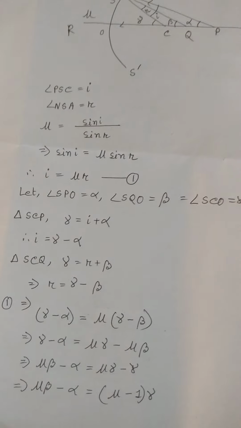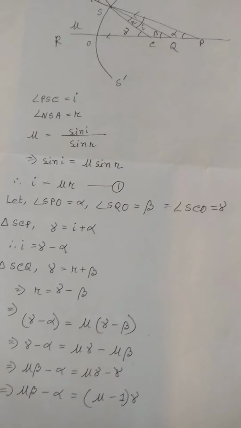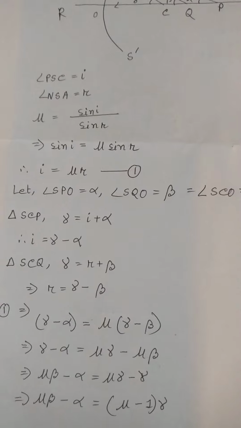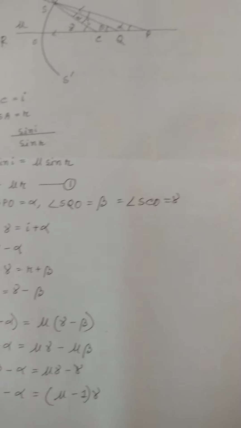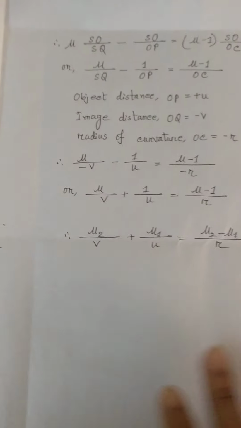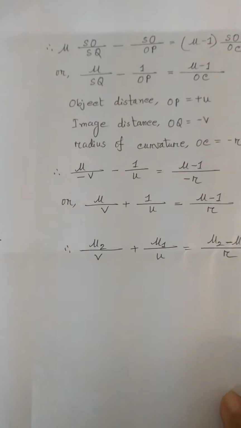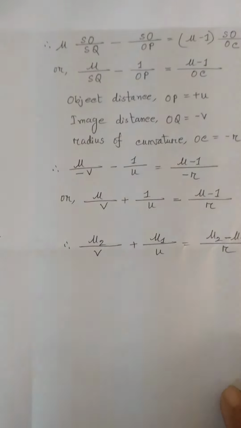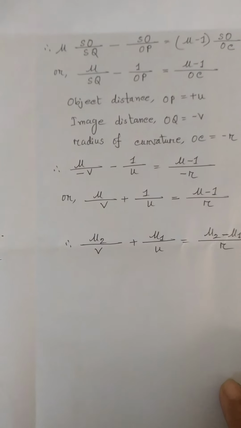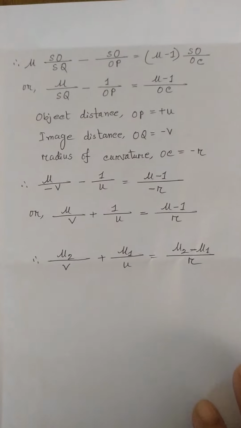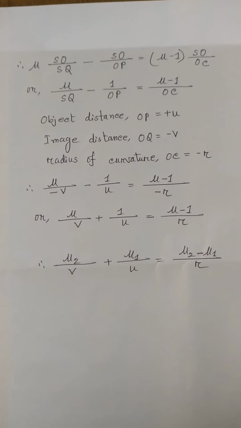From the last equation, mu beta minus alpha equals mu minus 1 gamma. As the aperture of the spherical surface is very small, the angles alpha, beta, and gamma will also be very small.